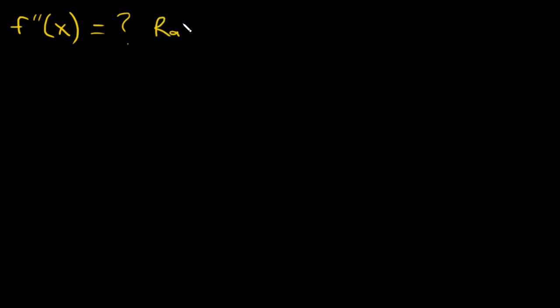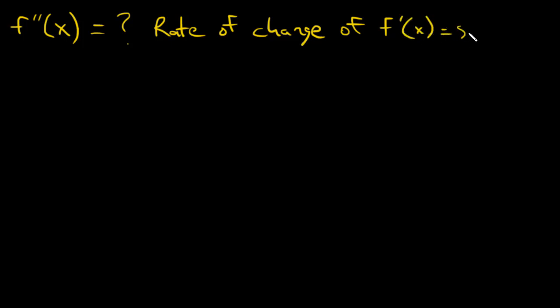The rate of change of f prime of x, which is the slope. So f double prime tells us the rate of change of the actual slope, the f prime of x. Double prime, rate of change, single prime. Okay? So what on earth does that mean?